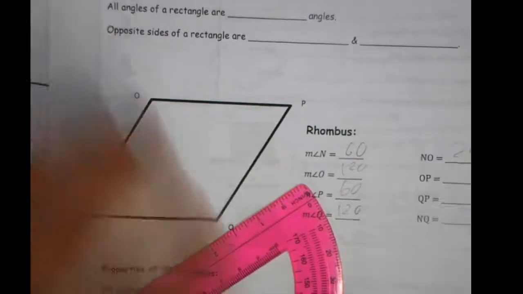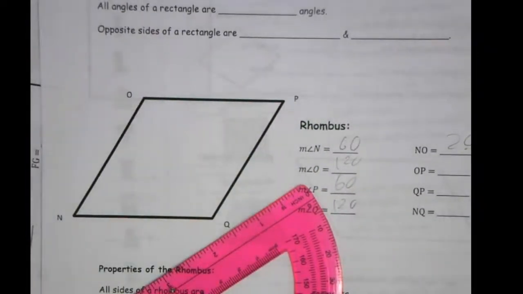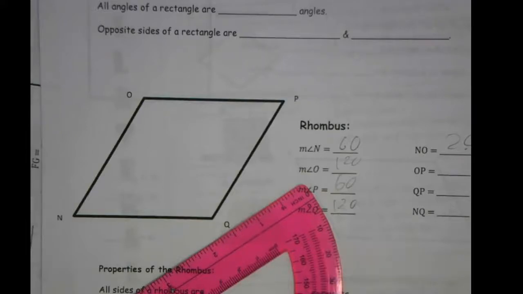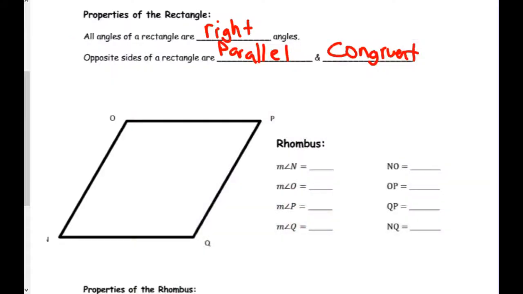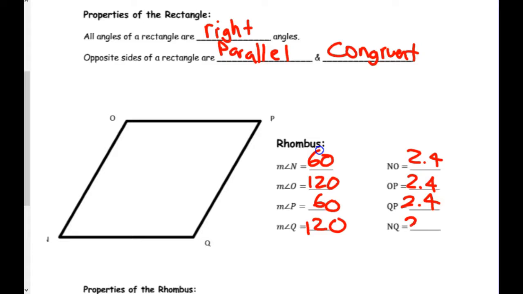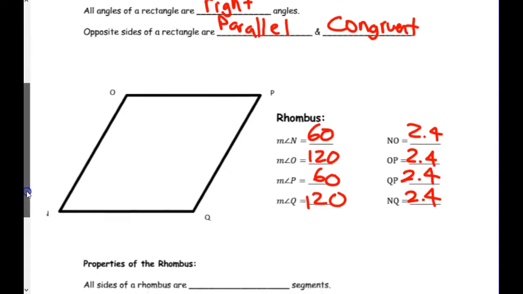So we're going to fill that in on the smart file here. All right, so that's our rhombus, and we're going to label that after we get to this part.